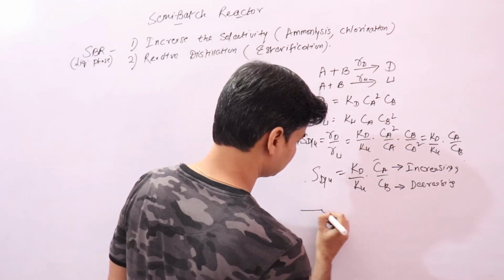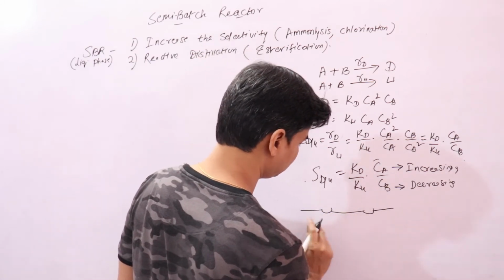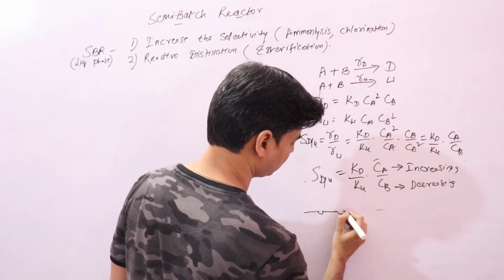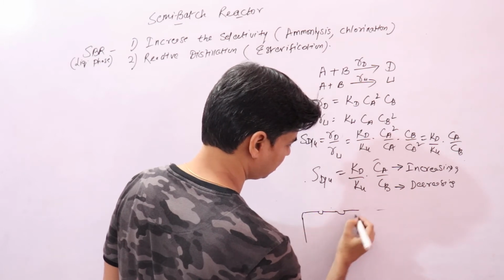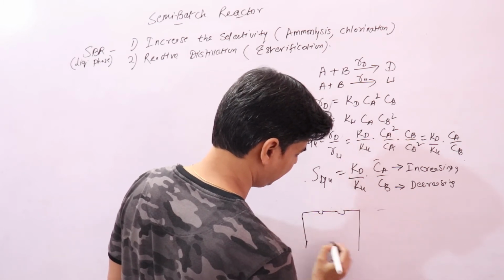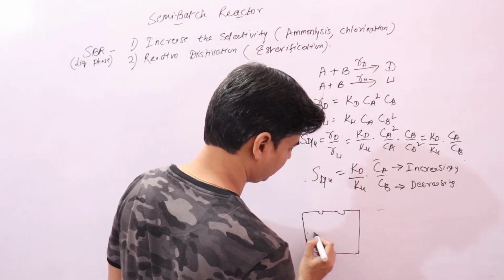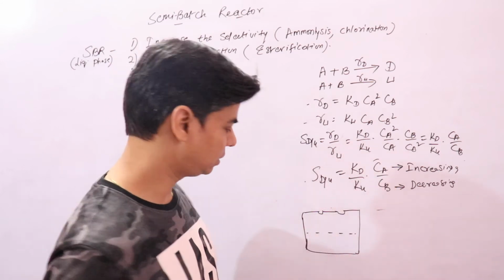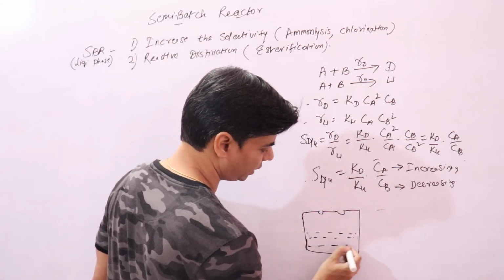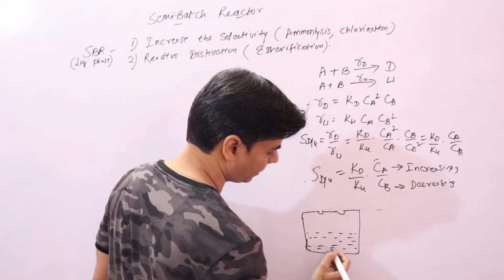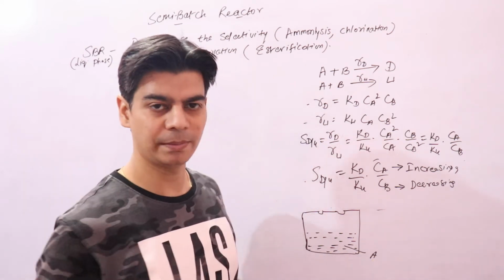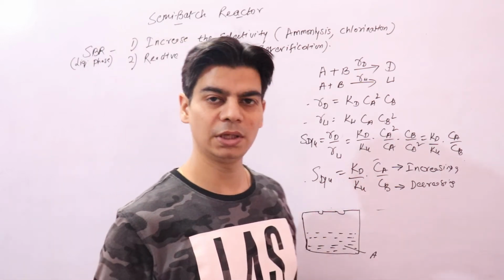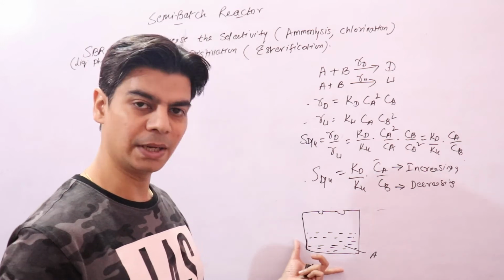Let's look into this. Say this is your semi-batch reactor. Now you have to decrease the concentration of B and increase the concentration of A. Let's say you already have A in your semi-batch reactor, and like I said in the beginning, either you have reactant flowing in or product leaving the semi-batch reactor.